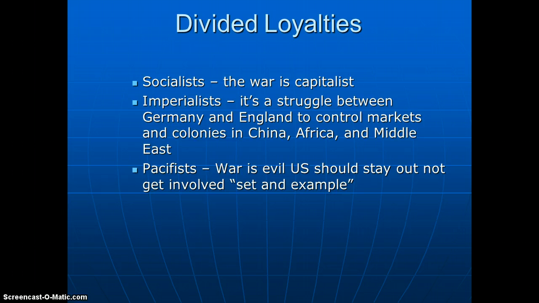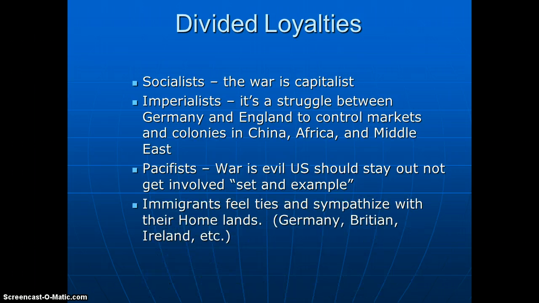One example of that was a lawyer and politician named William Jennings Bryan, who believed that this is an evil and that we need to set the example. So William Jennings Bryan, of Cross of Gold speech fame, comes back to give his thoughts on the war. And then you have the huge influx of immigrants in the United States and their ties, because many of these immigrants came from these countries where the war is occurring.